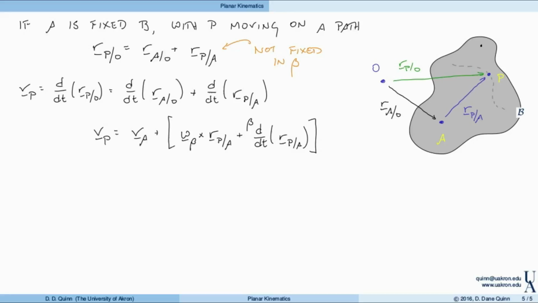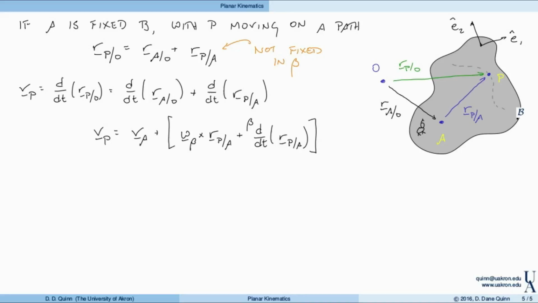Let's add some directions here, E1 and E2, that are fixed in this object, and then look at what this term means. What it actually represents is the velocity of P with respect to the object. The idea is, imagine you were a little bug. So there you are.